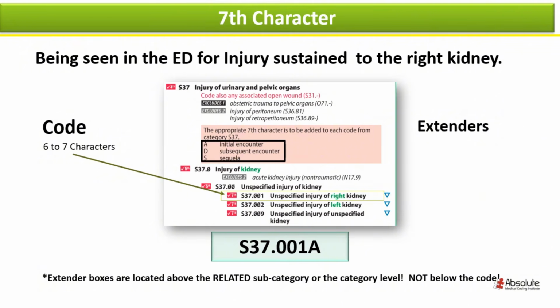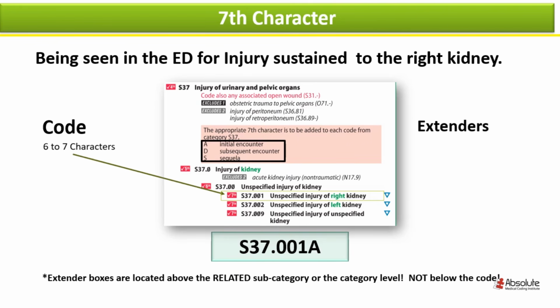If not, then you choose the extender box that is at the boss level. So it's got to be above the code, not beneath the code, and directly related to the subcategory. If nothing else, just never go below, go above. And it's got to be on the same path. Can't have numbers outside of the path.